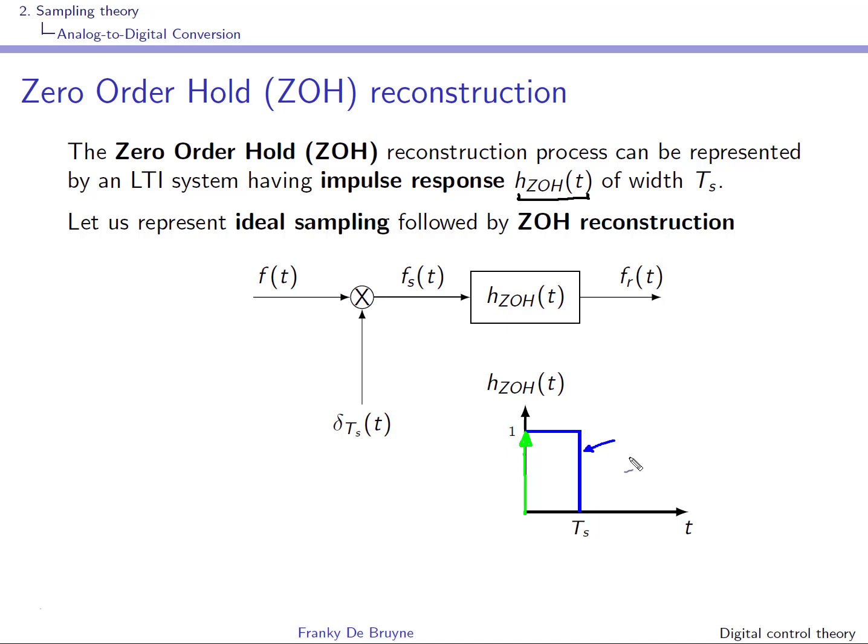So ideal sampling followed by ZOH reconstruction can be modeled as follows. Here you see the ideal sampling. The sampled signal is obtained simply by multiplying the original signal with a Dirac comb, and from the sampled signal you can obtain the reconstructed signal by simply going through a zero order hold reconstruction process.